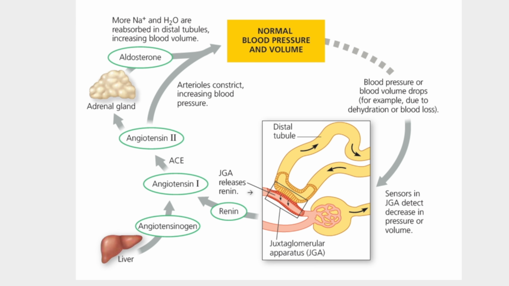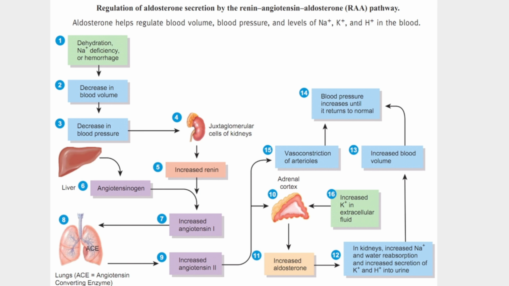Renin is one type of enzyme. You can see this more easily in the diagram. The decrease in blood pressure causes the JGA to secrete renin, and this renin enzyme will catalyze angiotensinogen into angiotensin 1. What is angiotensinogen? Angiotensinogen actually comes from the liver.